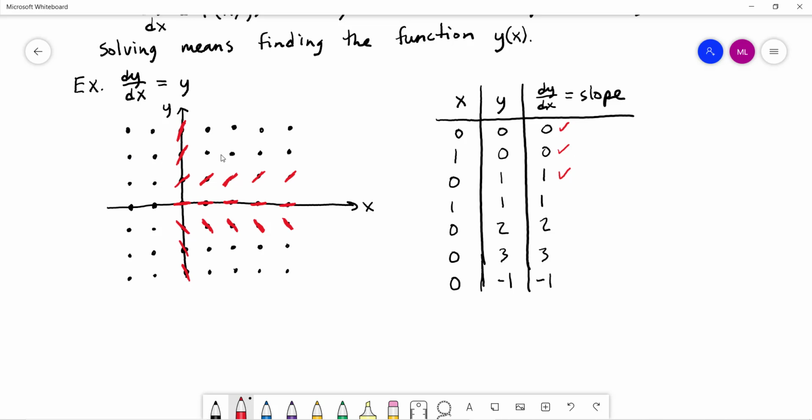All these ones with the y coordinate of 2 are going to have a slope of 2, and so on. So I'll draw something a little steeper for all of these, a little steeper still for these. Same thing down here. And that's, again, even true all the way into these negative values of x over here.